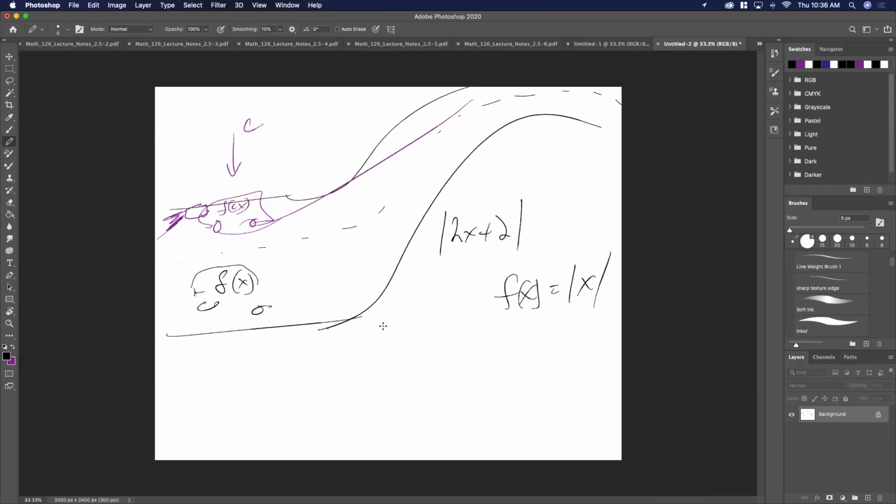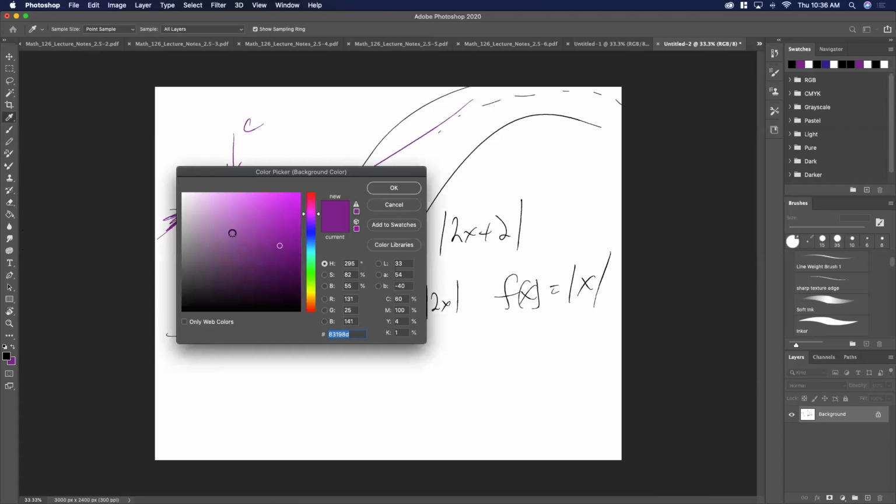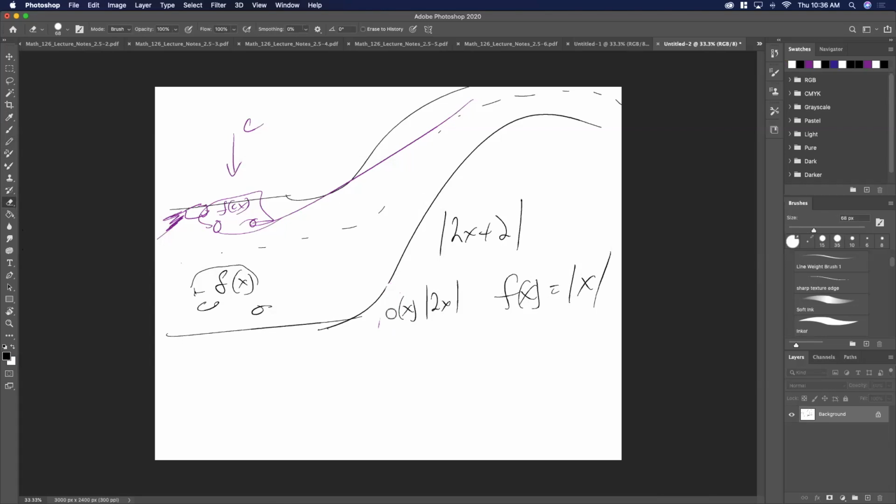Notice here, if I have f of 2x, I've done horizontal shrinking by 2. Back to my pencil.